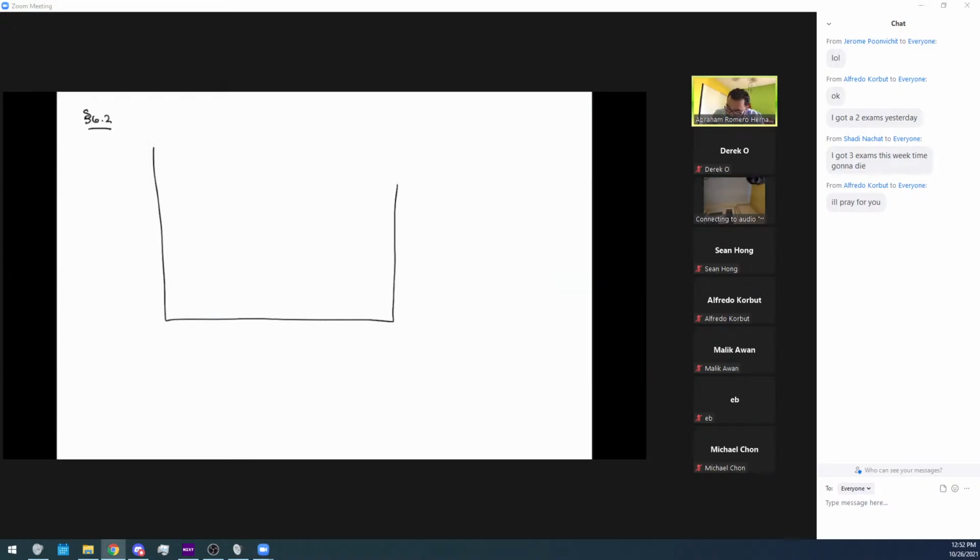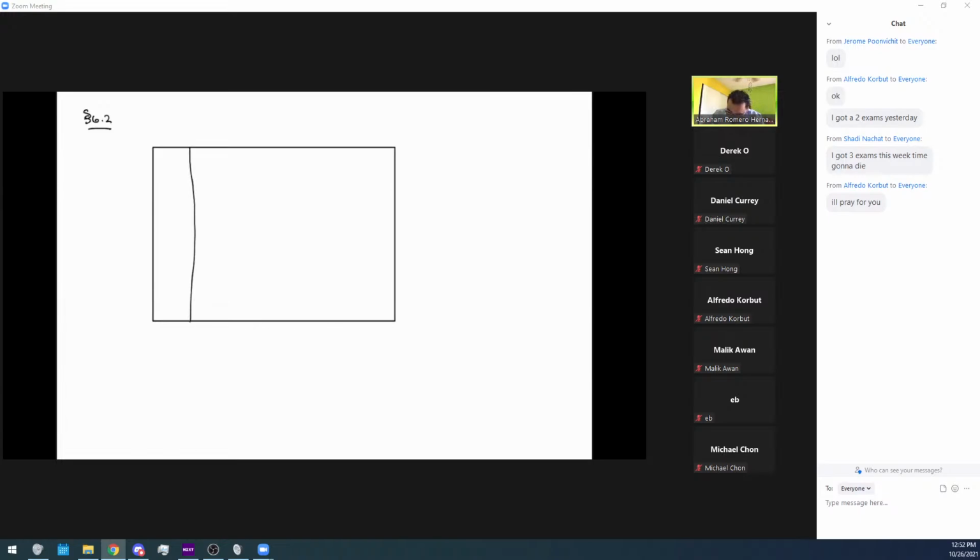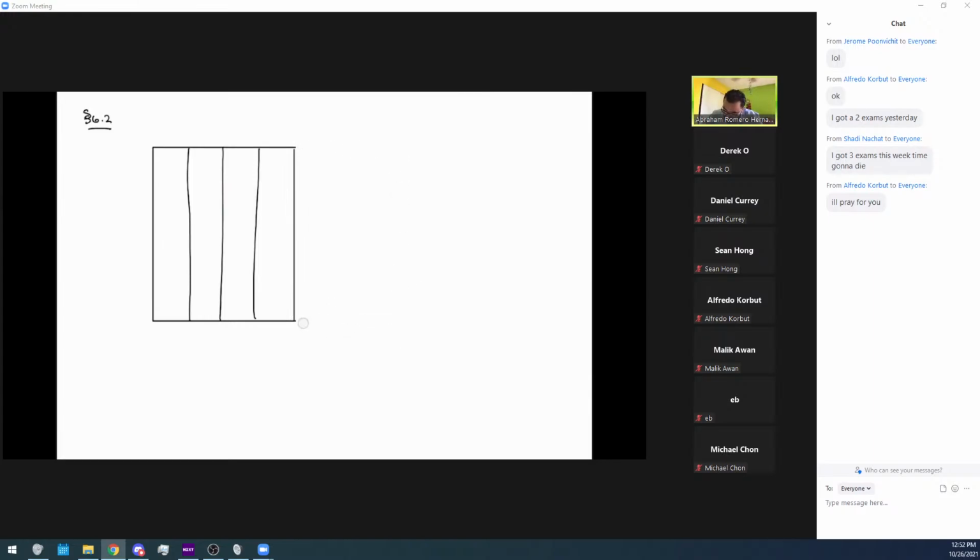So an n by n shelf. But let's say this shelf has a specific amount of cubicles. So let me draw this out. Let's keep it small for right now so everyone can see this.